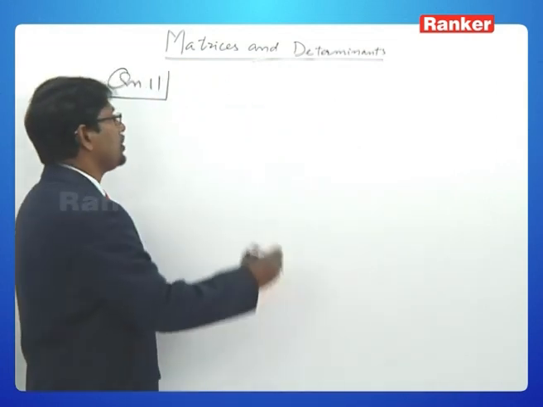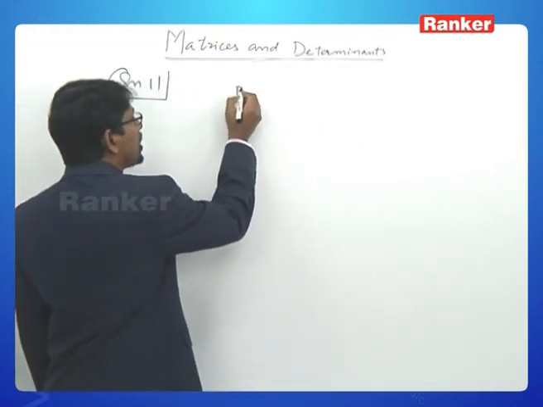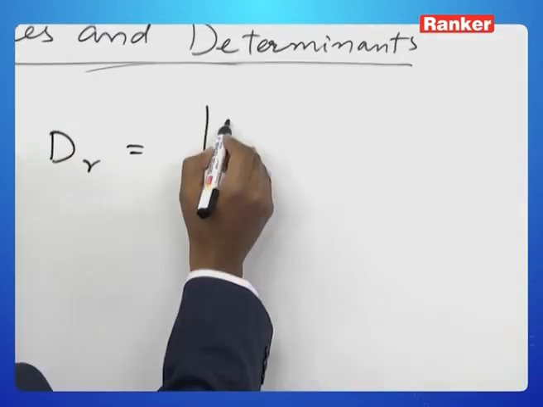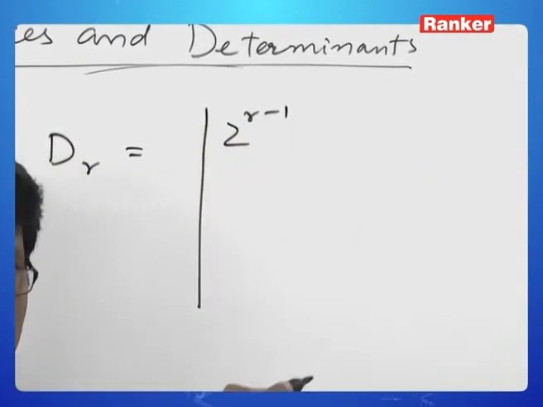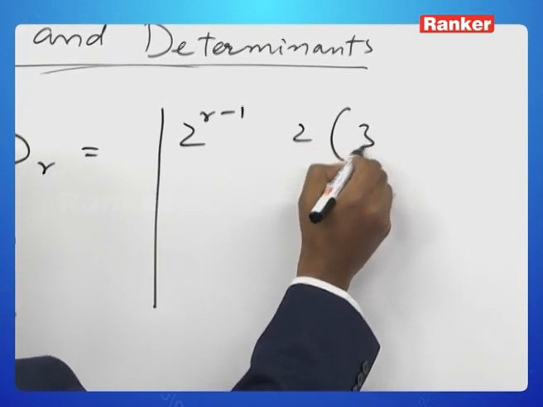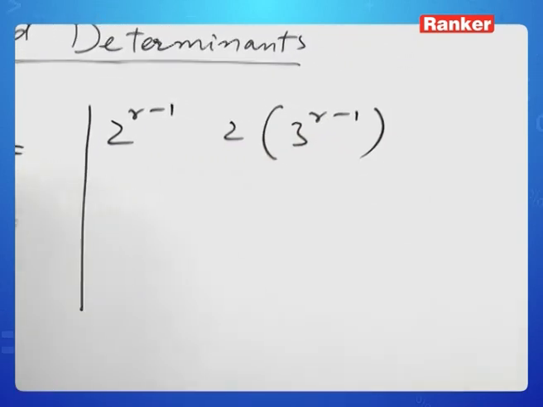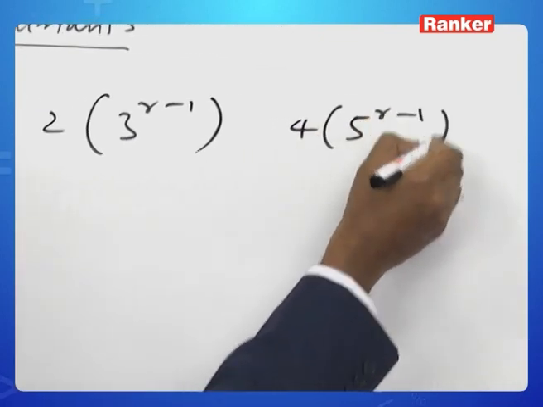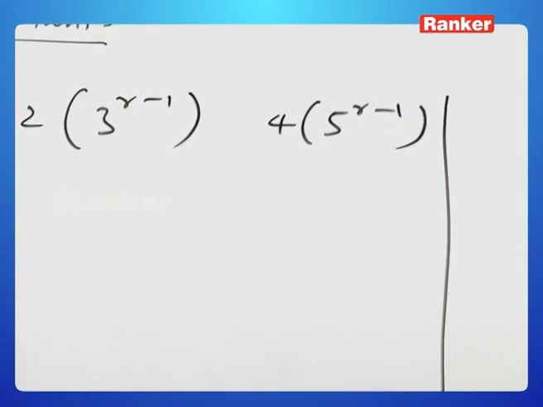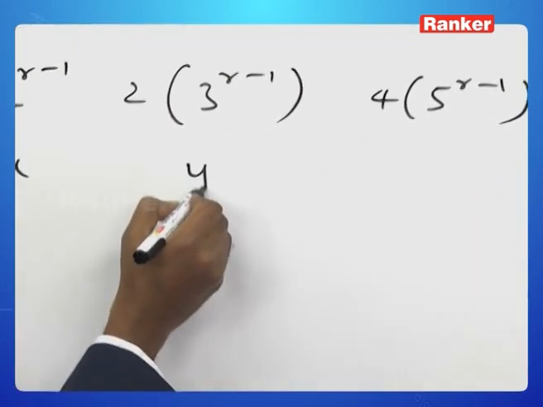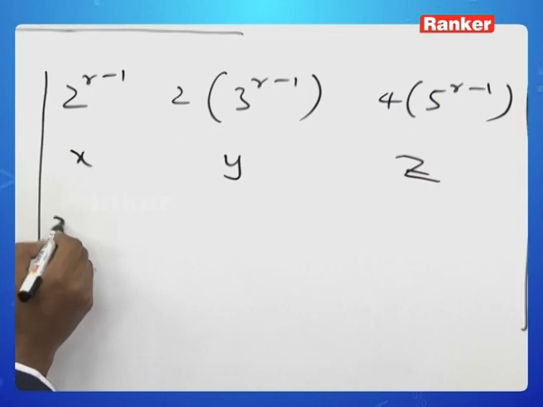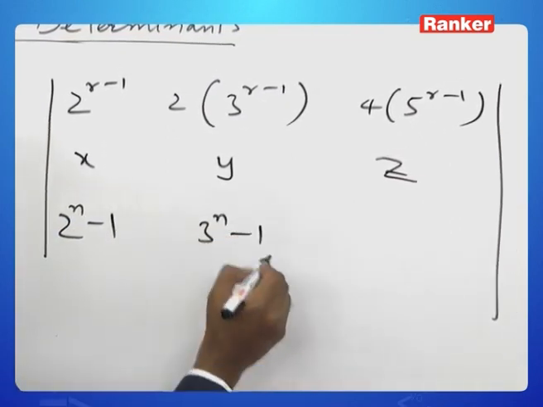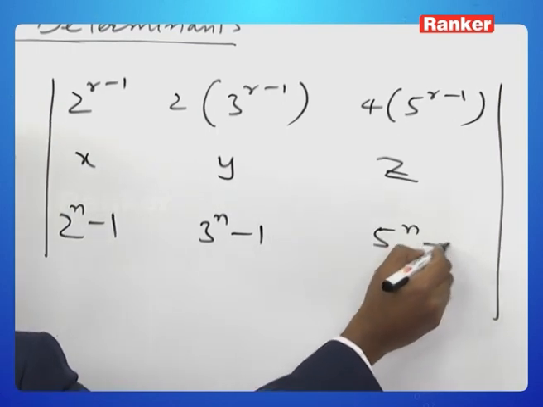Now let's make an observation here. We are given D_r to be the determinant with first row 2 power r minus 1, 2 into 3 power r minus 1, 4 into 5 power r minus 1, second row xyz, and third row 2 power n minus 1, 3 power n minus 1, 5 power n minus 1.